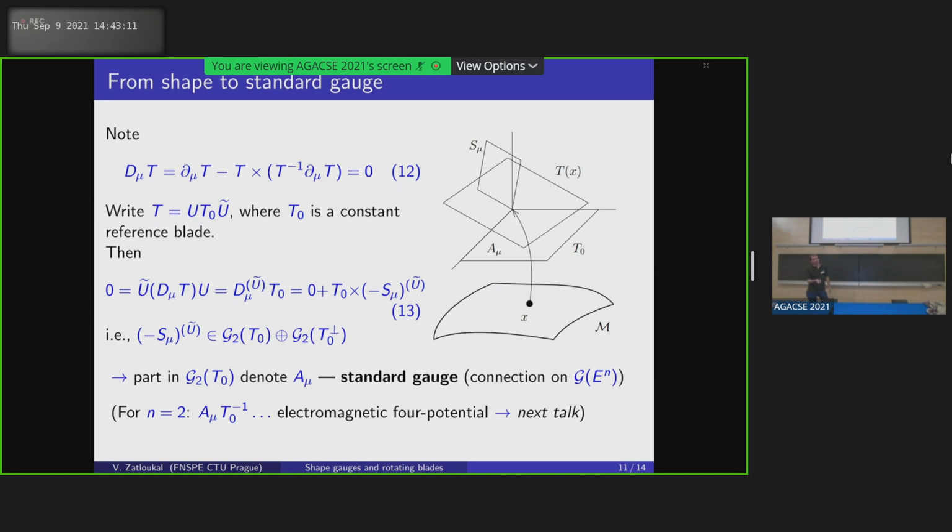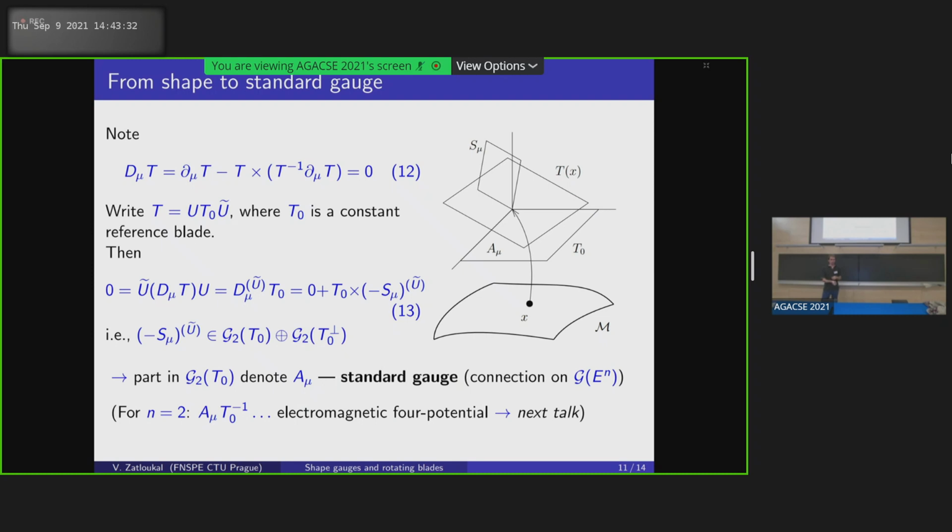Okay, and now if we write this rotating blade as some rotation U, now I'm using again the same letter, it's a rotating blade, so it can be written as a rotation of some reference constant blade T0.